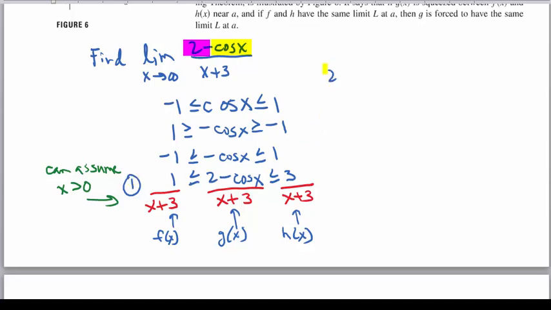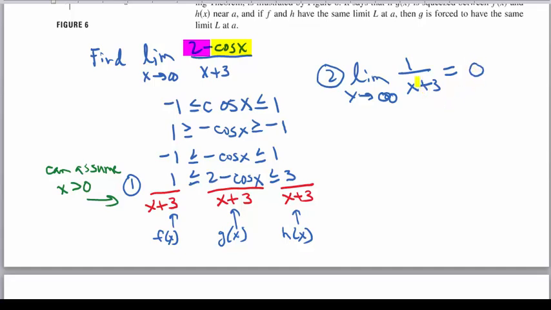But number 2 is the fact that, what's the limit as x approaches infinity of 1 over x plus 3? Well, what happens? As x gets really big, the denominator gets big, and the numerator is still 1. So this thing is actually approaching 0.